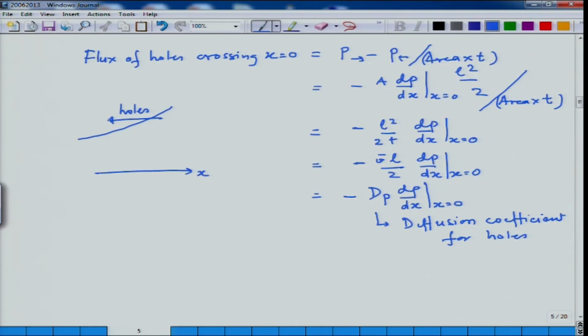Now, if holes are moving in this direction, there is a current due to that, and this current due to diffusion is going to be the charge multiplied by the flux.